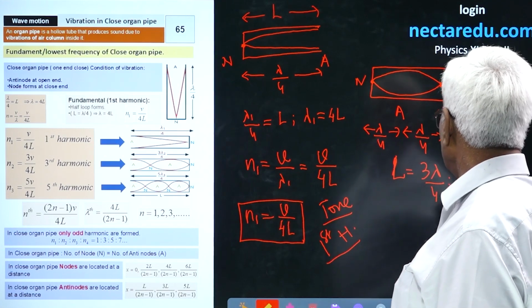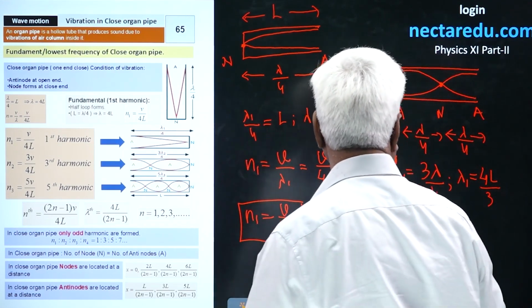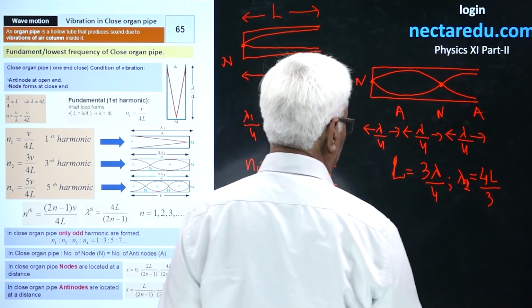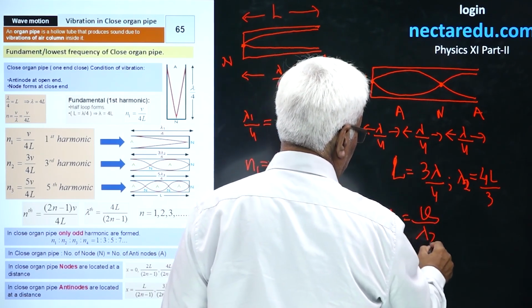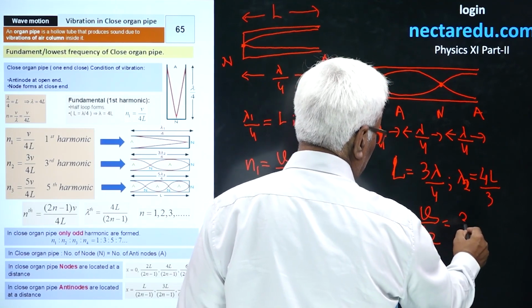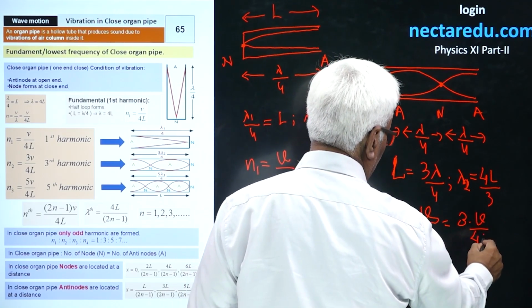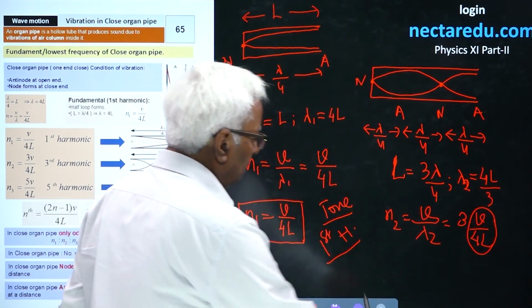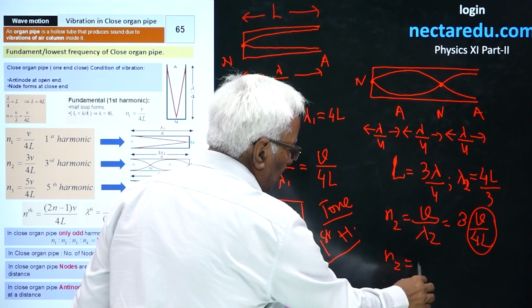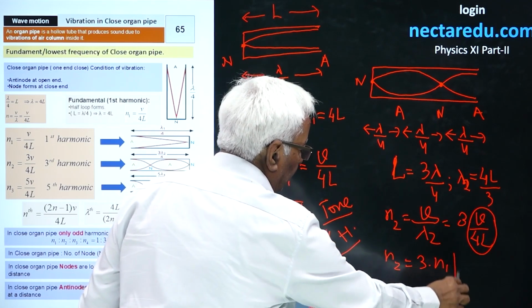that means lambda becomes 4L by 3. This is lambda 2, because it is the second possibility, and again the frequency is going to be V upon lambda 2, that way it becomes 3V upon 4L. N2 becomes equal to 3 N1.